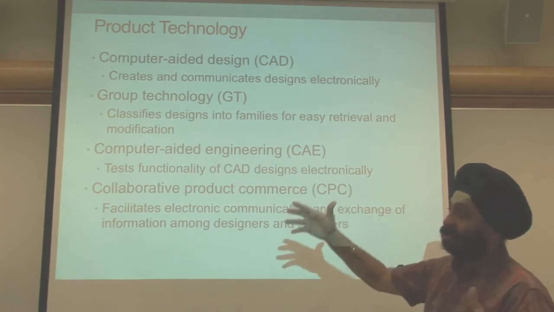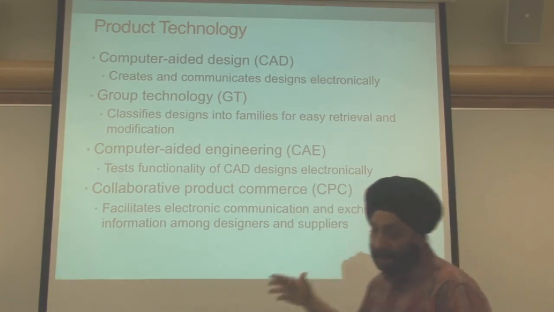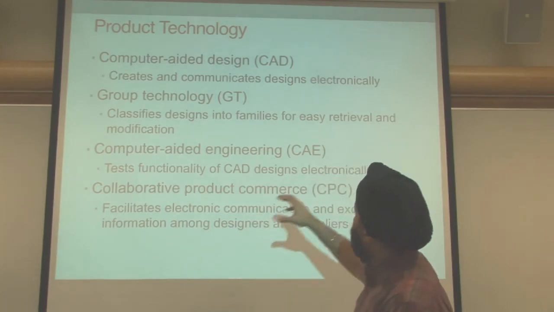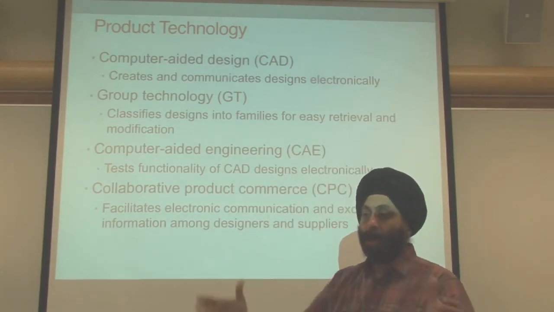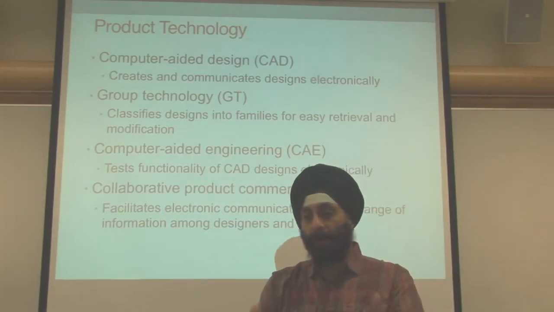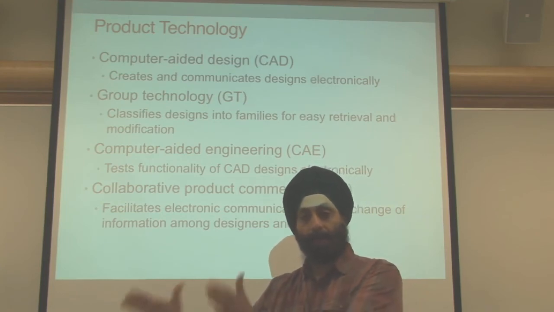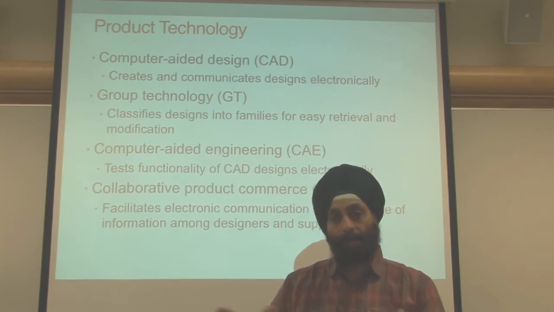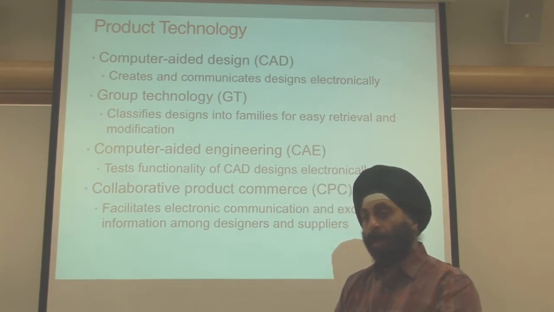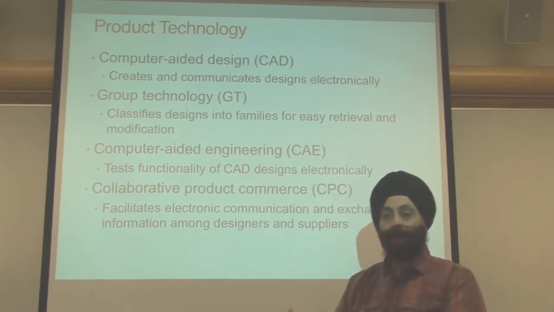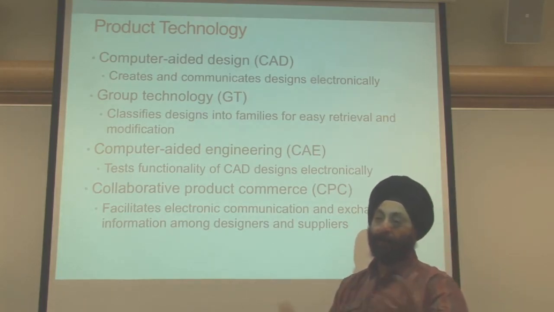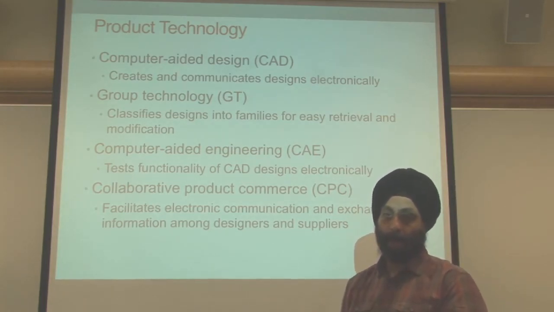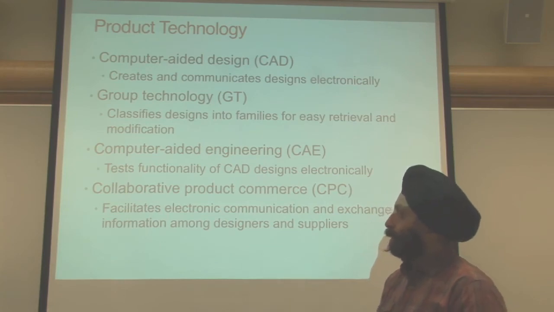Group technology classifies designs into families for easy retrieval and modification. So all the nuts may go in one area, all the bolts may be in a separate family, etc. So you can see what all the various bolts we have for fasteners to use in a particular product.